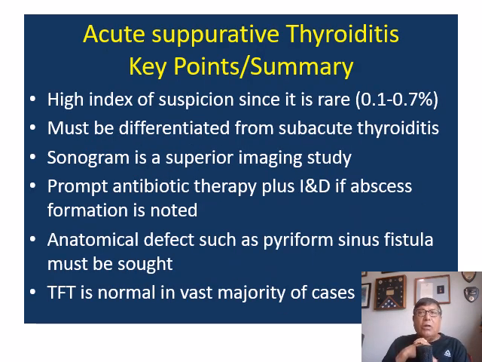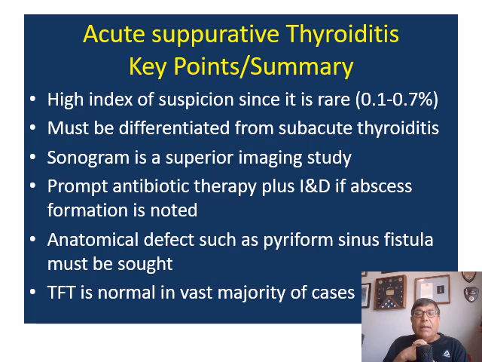So with acute suppurative thyroiditis, a high index of suspicion is necessary; it occurs in about 0.1 to 7%. It must be differentiated from subacute thyroiditis, for which the treatment and management are different, and our next case will discuss that. Sonogram is cheaper, easily available, and actually proves a superior imaging study.